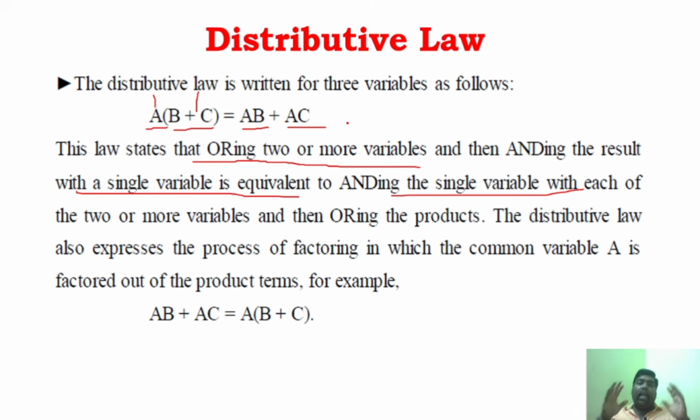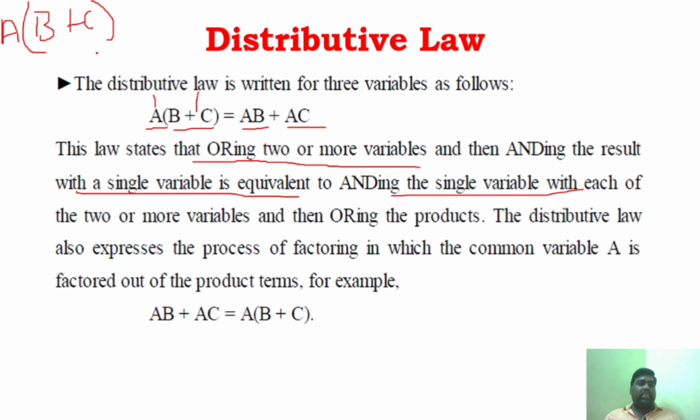So the third law is the distributive law. The distributive law can be written this way. You can see that it combines both addition and multiplication. The rule of thumb here is that you use three variables: two variables are used in an OR operation, and one variable is used in an AND operation.